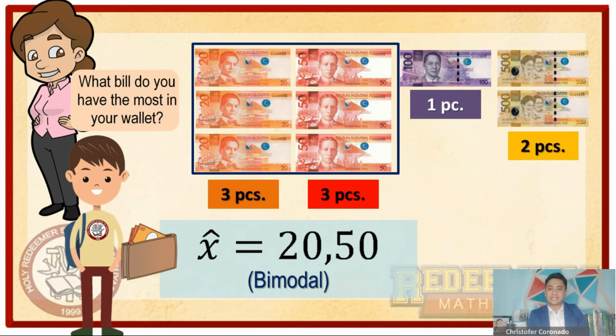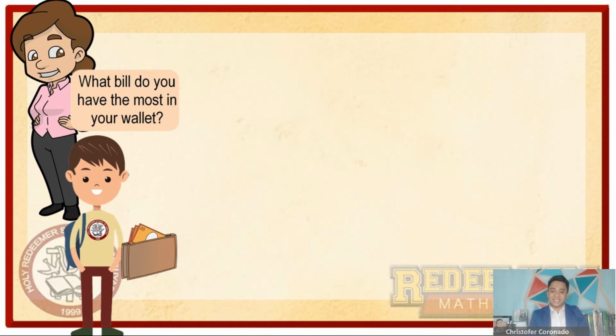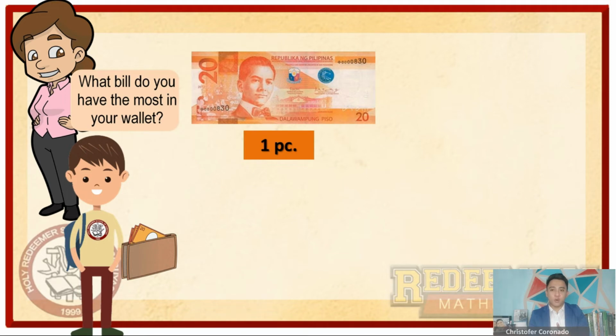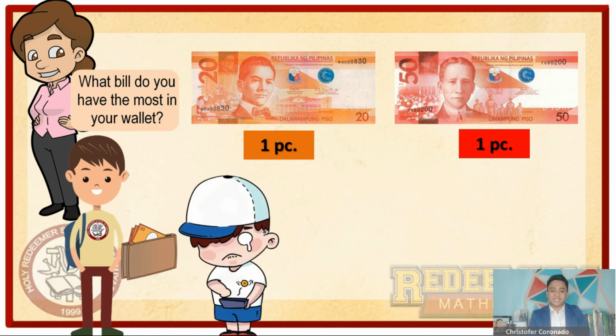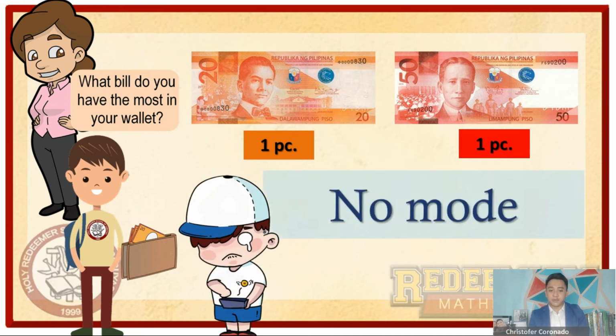We call that as bimodal. There's also a possibility that you have only one 20 peso bill and one 50 peso bill, right? Since both bills appear the same, then there is no item greater than the other. And in that case, there is no mode.